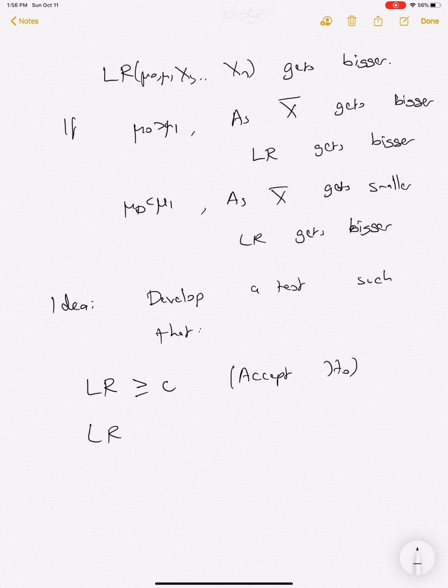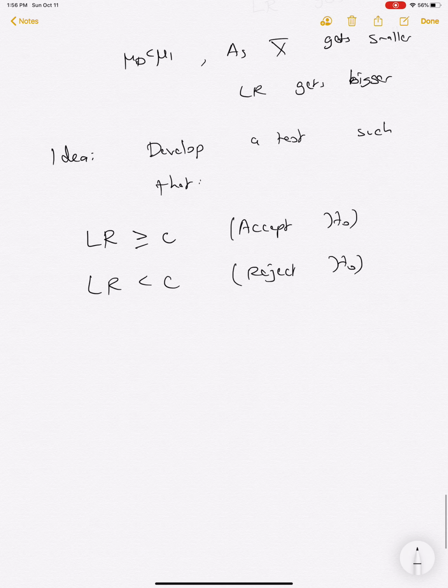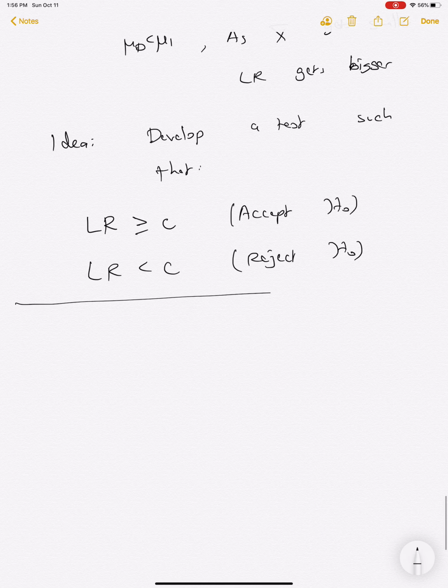And if the likelihood ratio is smaller than some c, we'll reject H0. This is the basic idea behind the likelihood ratio test, and we're going to see that shortly. We're going to do one more example there.